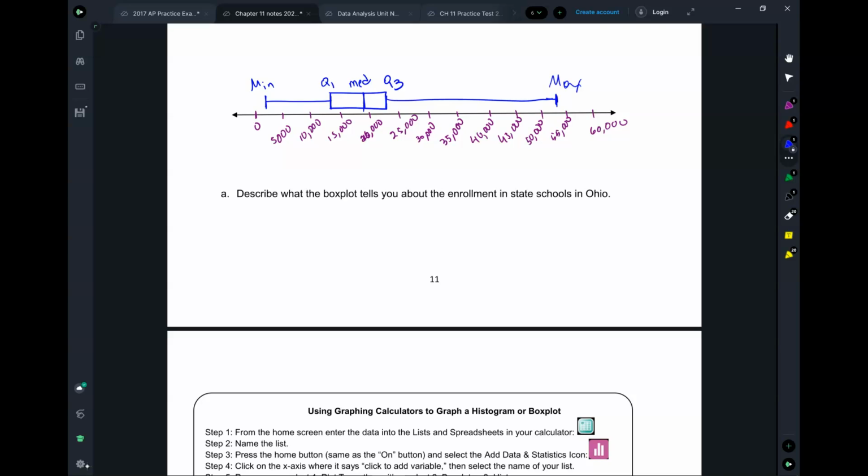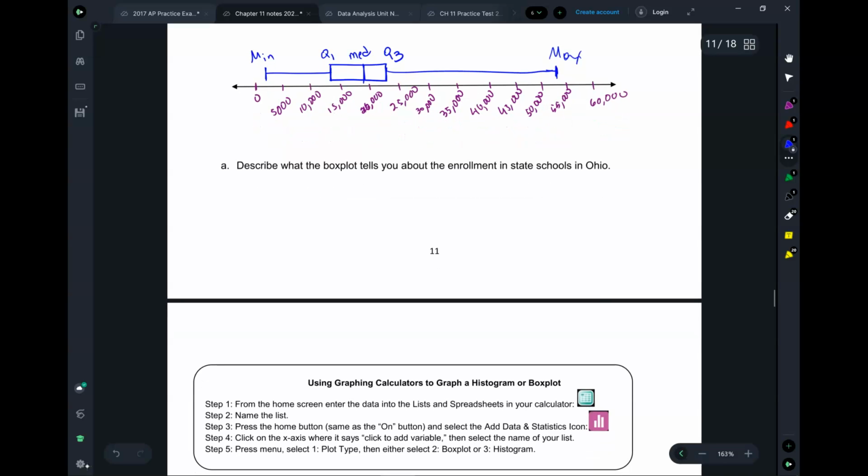Not the highest enrollment in all of 2010. And so it's concentrated where? From like 14 to 22,000, right? Do you see that from the first minute you lay eyes on this, there is certain information that you can figure out?